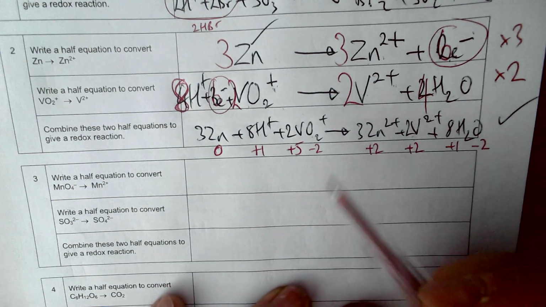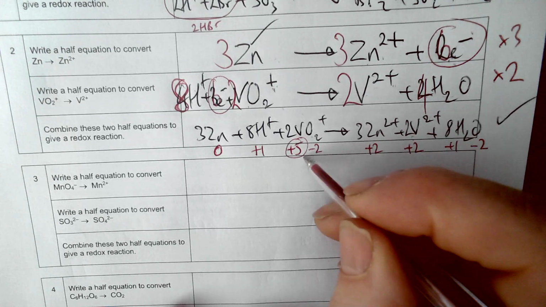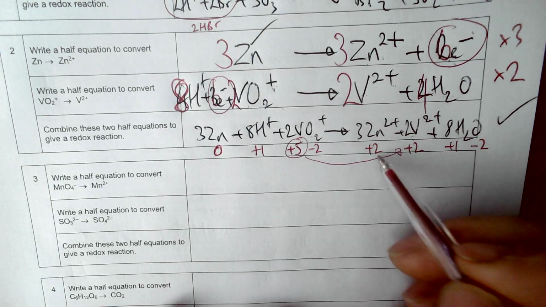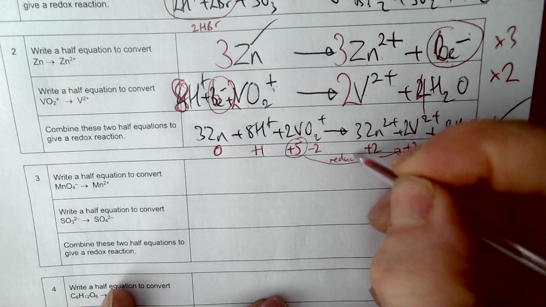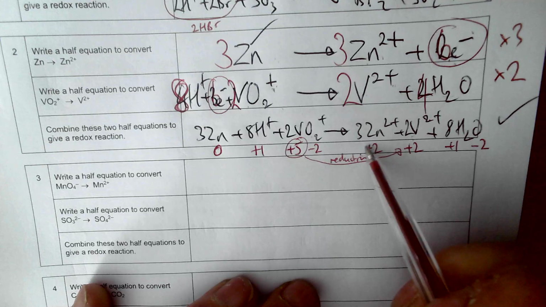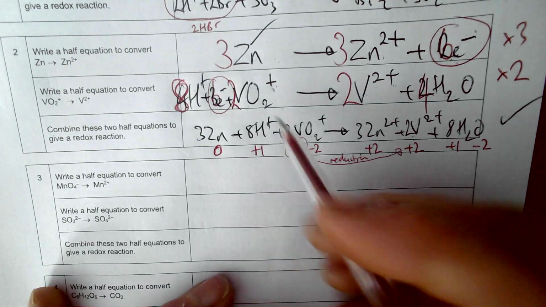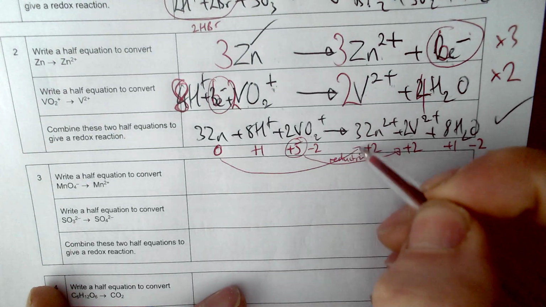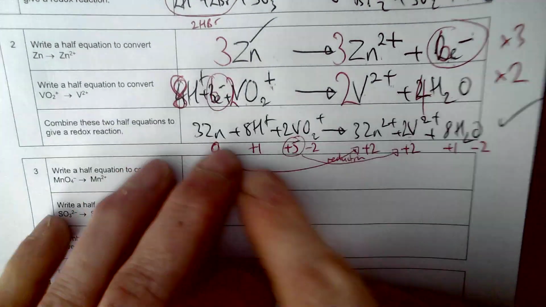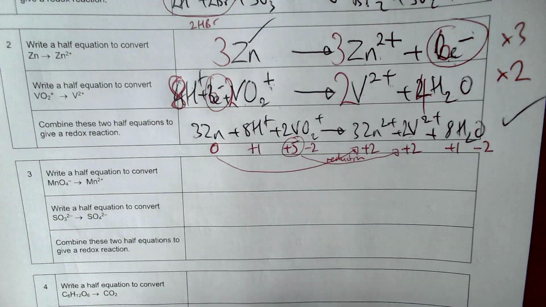If you notice here, the vanadium has gone from +5 to +2. The oxidation state has gone down. That is called a reduction because it's gone down. Now I'm looking for something that's gone up. Zinc went from 0 to +2. That's oxidation. So just bear that in mind. That's something linking in oxidation states.